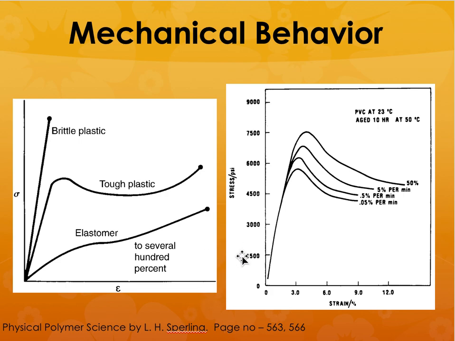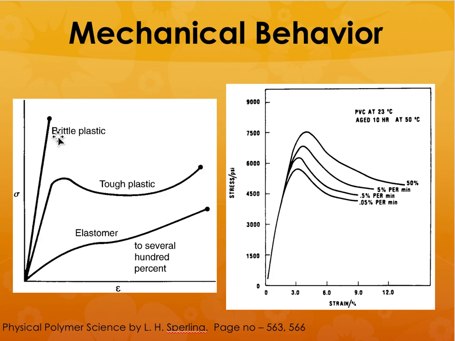You can also compare the mechanical behavior of these materials. If it is an elastomer, it will typically have up to several hundred percentage strain. If it is a tough plastic, it can withstand a lot of impact without exactly breaking. It might deform, but it won't break.